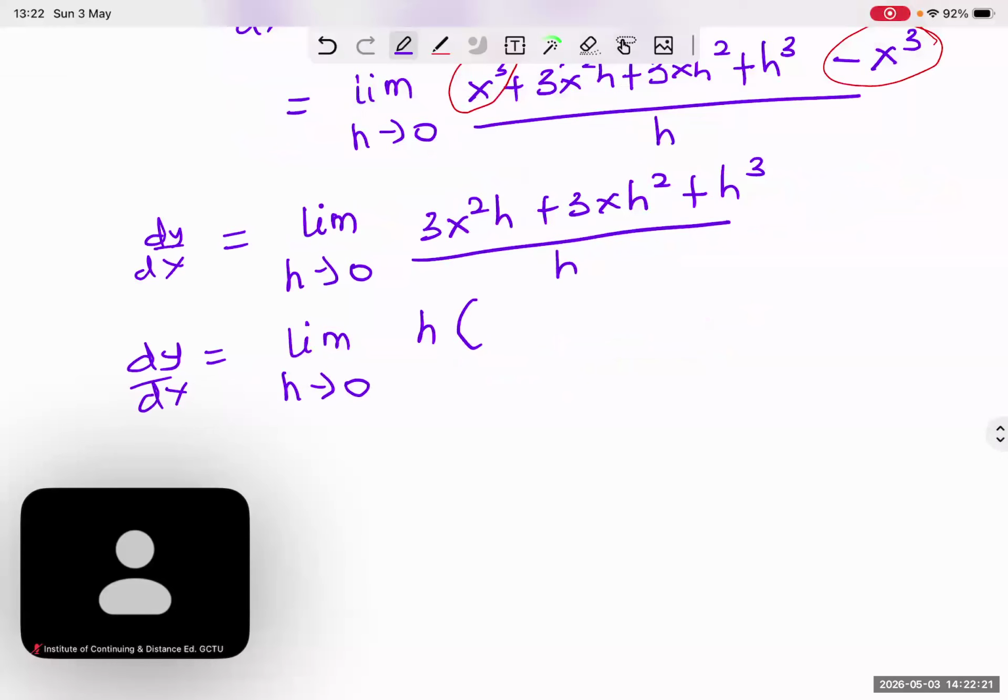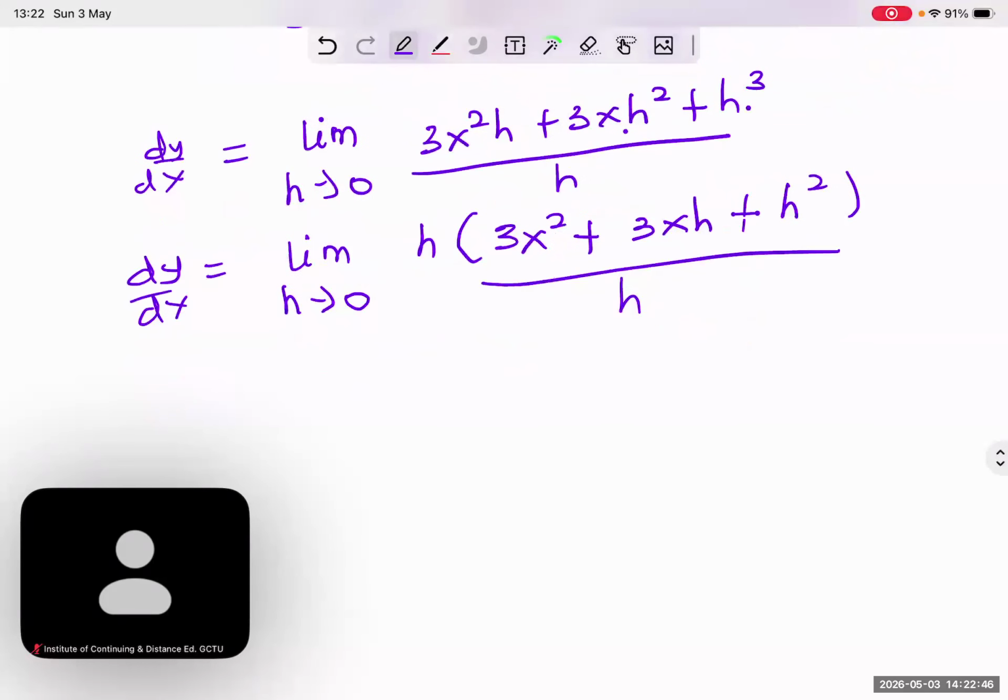If I factorize h out of the 3x squared h, I'll be left with 3x squared. Then plus, if I factorize h out of the 3xh squared, I'll be left with 3x, one of the h's remaining. Plus, there are 3 of the h's here; if I factorize 1 out, I'll be left with only 2 of the h's, divided by my h here. Now we can cancel this h and that h.